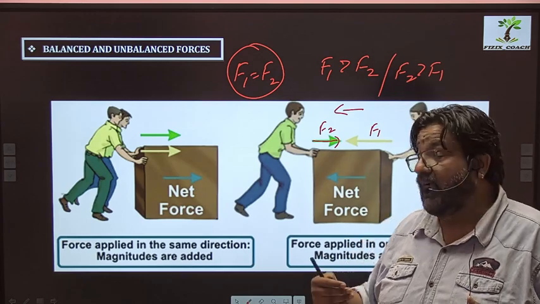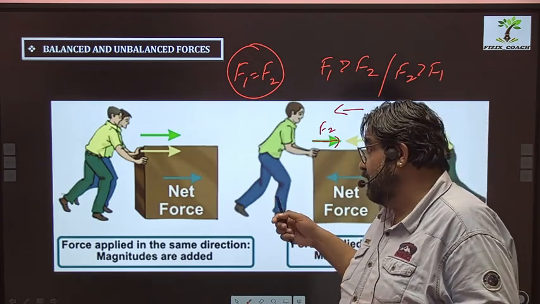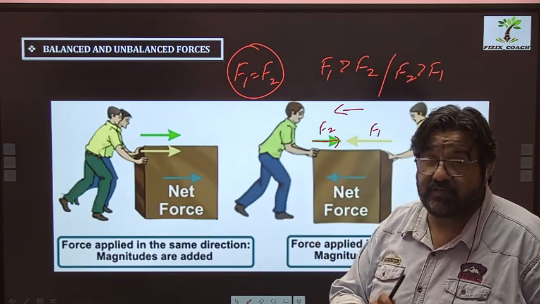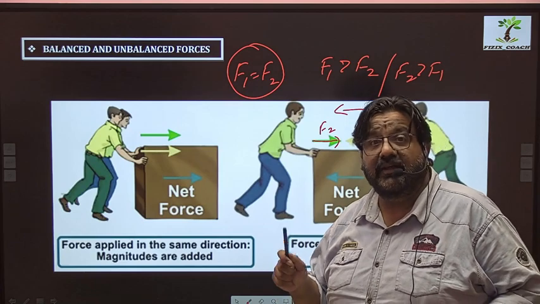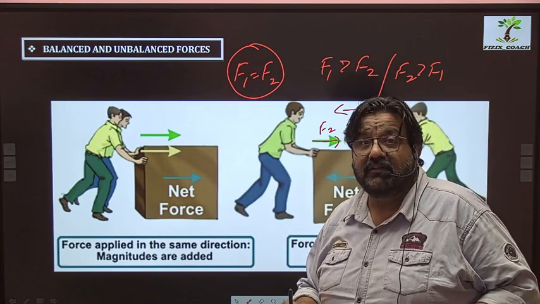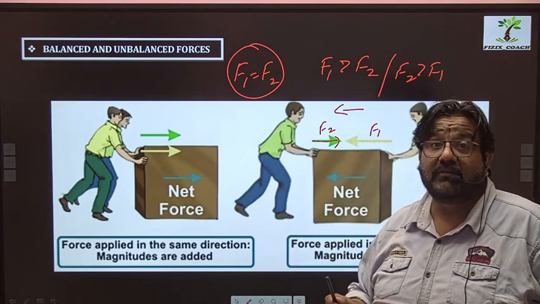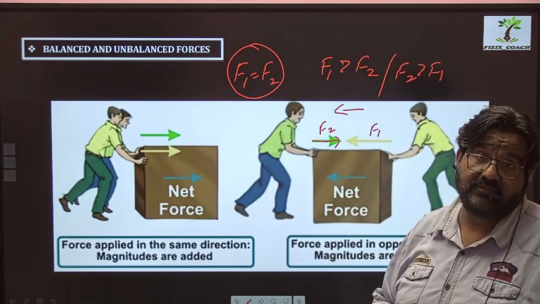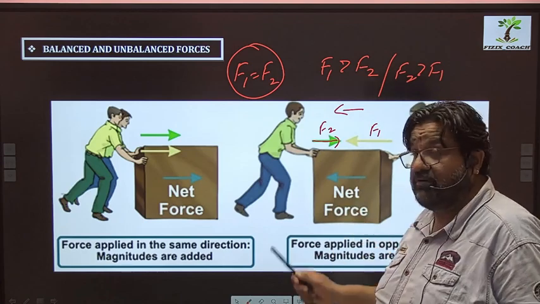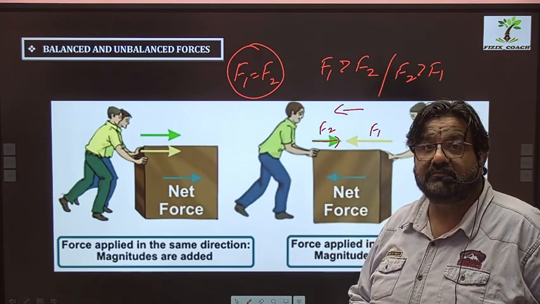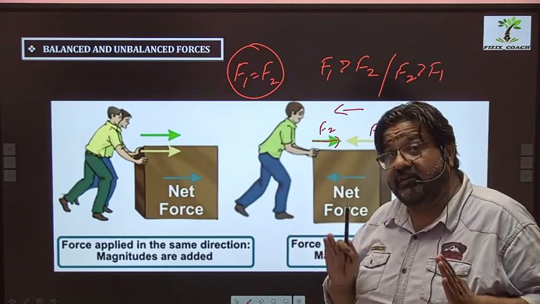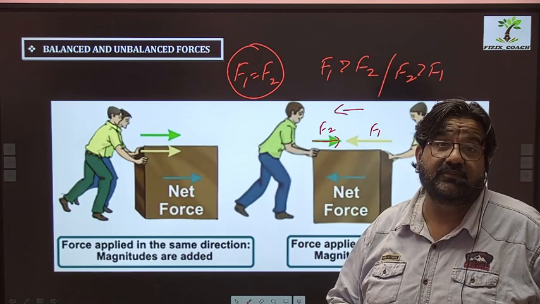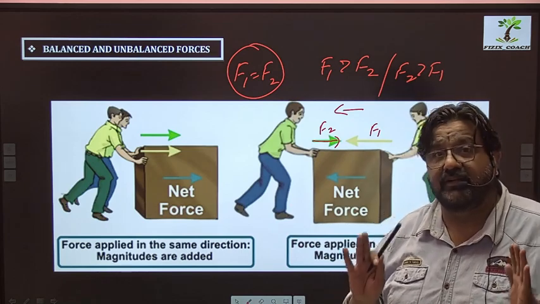Now, there is one very important question here. In the case of balanced forces, will the object always remain at rest? No. If the object is already at rest and balanced forces are acting on it, then it will remain at rest.